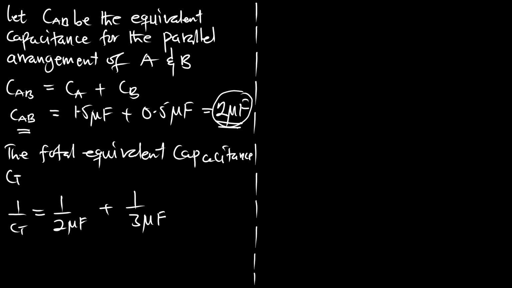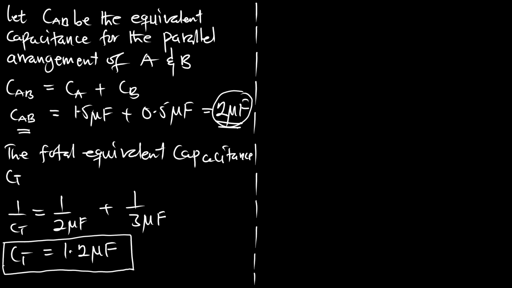When we punch this, our CT is going to be 1.2 microfarad. Therefore, for the A part, our total circuit equivalent capacitance from the arrangement is 1.2 microfarad.